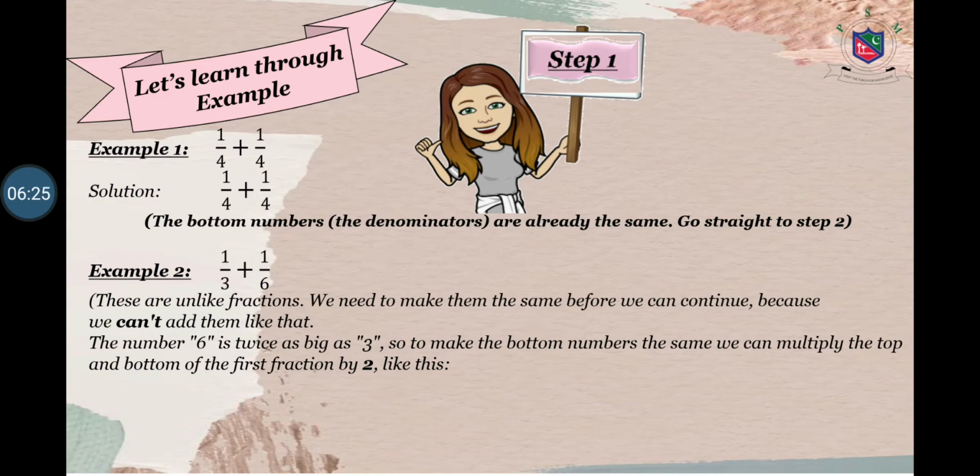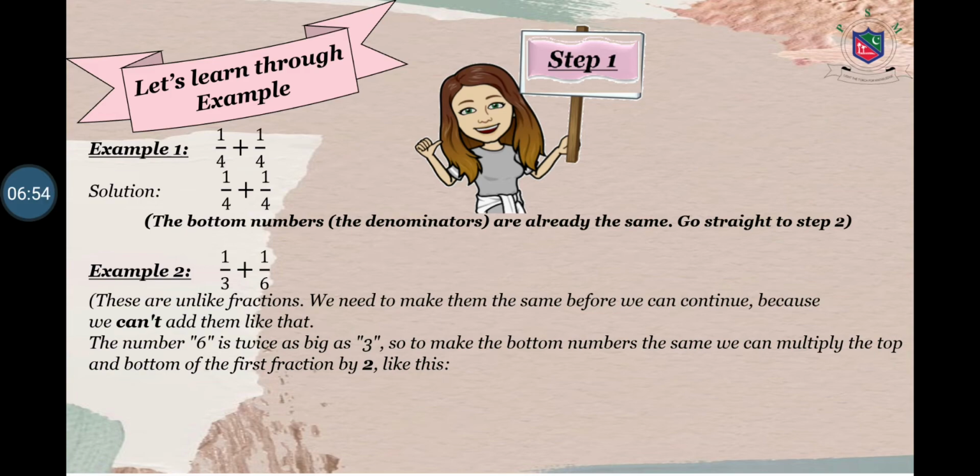Yes, we know that the number 6 is twice as big as 3. So to make the bottom numbers the same, we can multiply the numerator and denominator both of the first fraction by 2, because then we can easily make the denominator of the first fraction 6.